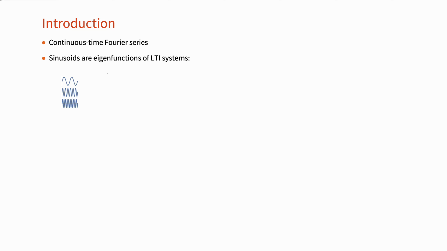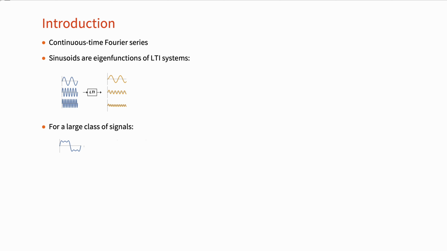In this lesson, we'll introduce continuous time Fourier series and show how they play a very important role in the study of linear and time-invariant systems, or LTI systems. We will see in detail that LTI systems have this property where sinusoidal inputs result in sinusoidal outputs.